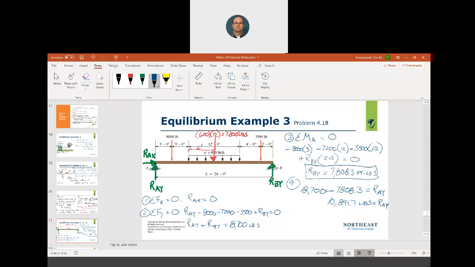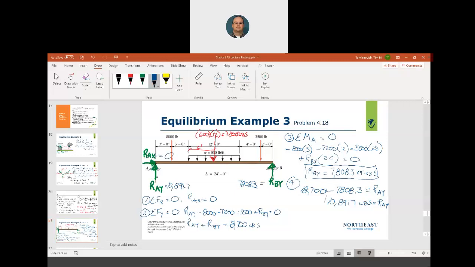All right, so RAY equals 10,891.7. RBY equals 7808.3. Okay, and RAX equals 0.